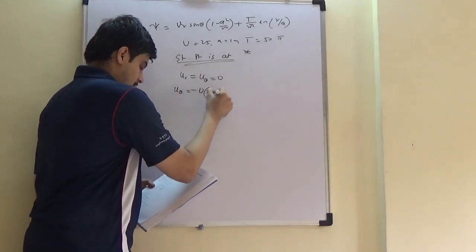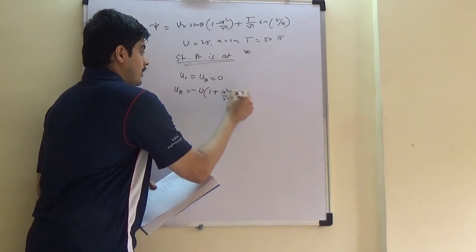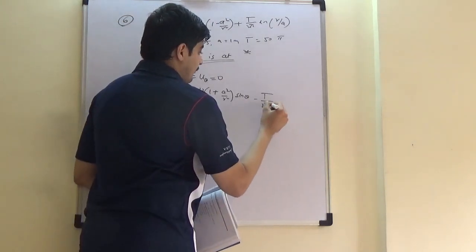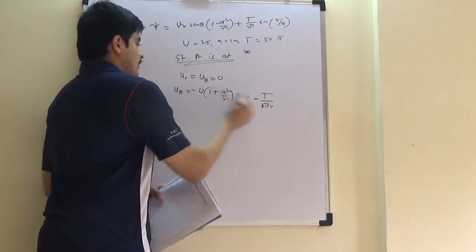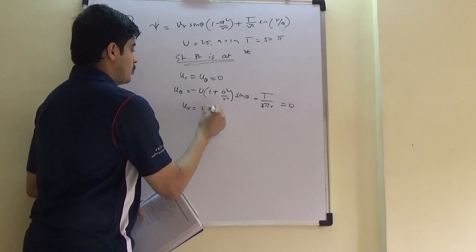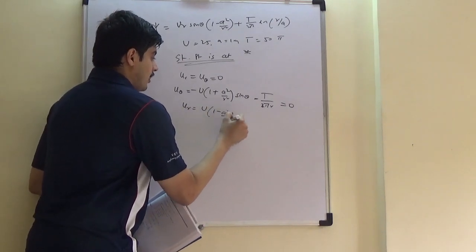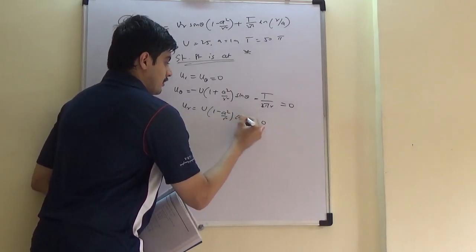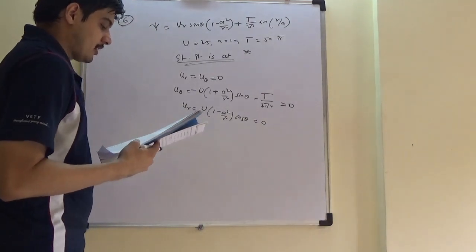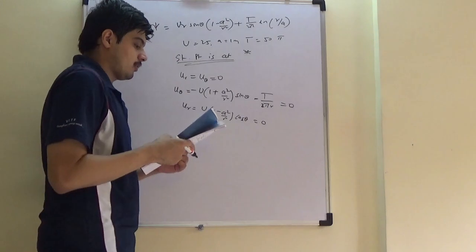Minus u, 1 plus a square upon r square, sine theta, minus tau by 2 pi r. This is equal to 0. And ur, which is u times 1 minus a square upon r square, cos theta, is equal to 0. These are the two relations which we have to find out.